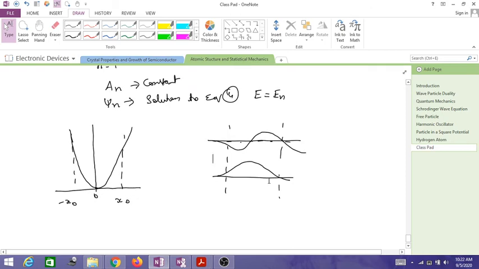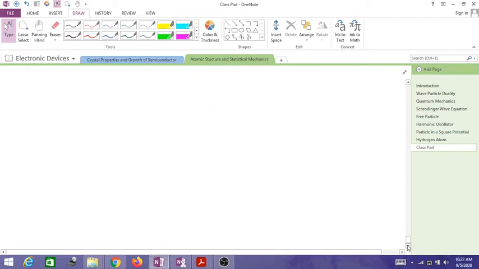Now continuing our discussion with the free particle, let us discuss what a free particle is. A free particle is one which moves in space without any influence of an external potential or any external force. Such a particle we call a free particle.